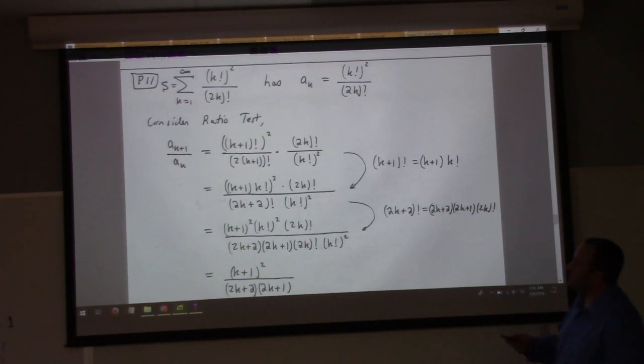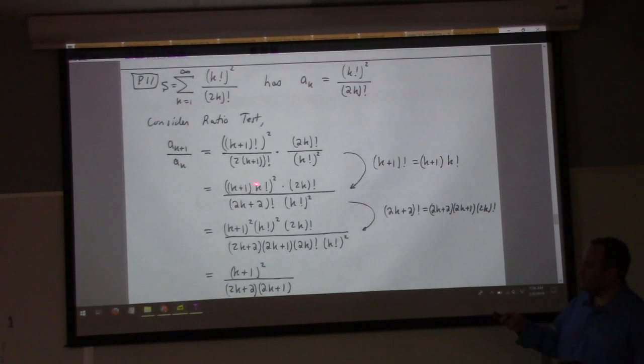All right. So this is just really the ratio test, and you have to be careful with the algebra. To do the ratio test, we have to calculate a sub k plus 1 over a sub k. The key to being successful at a problem like this is understanding how to manipulate factorials carefully. To divide by a sub k, multiply by the reciprocal of the formula, right? So k plus 1 factorial quantity squared. The key here is that k plus 1 factorial is k plus 1 times k factorial, right?